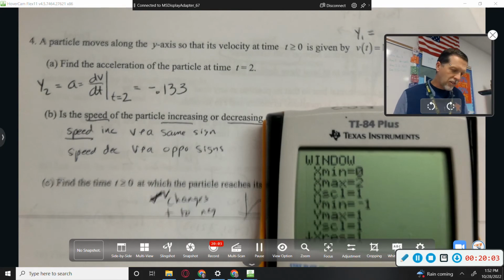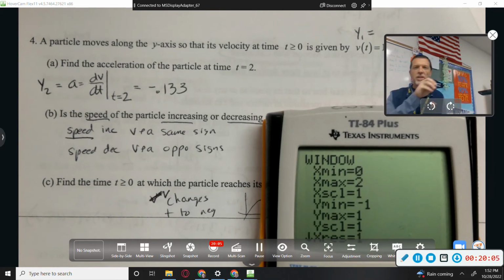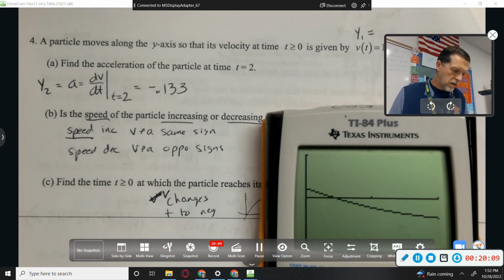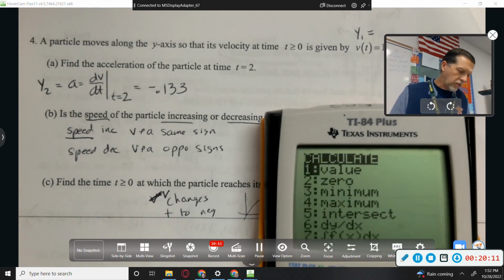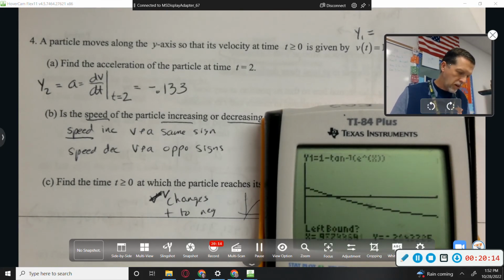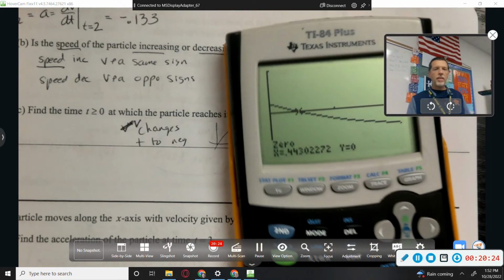I made mine 0 to 2 and negative 1 to 1 to zoom in there and see what was going on. And then I can just look for the zero. Left bound, right bound, guess. And that is my reasoning.